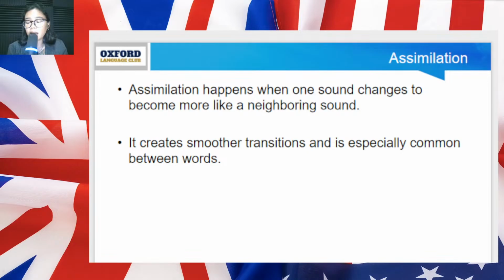This smooth connection means that your sentences sound like one natural continuous stream of sound, rather than many separate words with small breaks or pauses in between them. So again, when one sound gets ready for the next sound by becoming more like it, the whole flow of your speech becomes much more natural and effortless. It makes speaking feel easy for the person talking. Okay? All right.